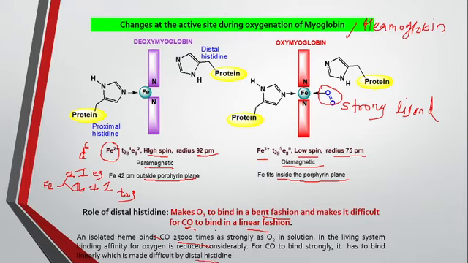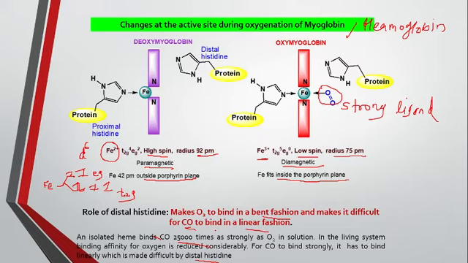What happens here? Whenever this Fe goes to the binding position for oxygen in solution, CO is also there. But CO has the ability to bind Fe in a linear manner, and whenever CO binds to the Fe, the hemoglobin shows a poisonous effect, as it cannot bind the oxygen.